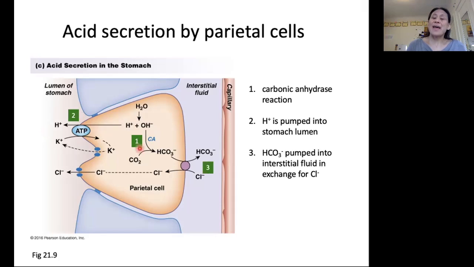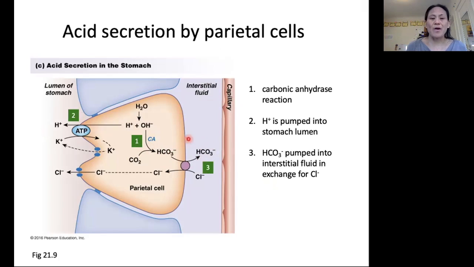Next, that HCO3 minus, the bicarbonate that we made from our carbonic anhydrase reaction, we are going to pump out of the parietal cell on the basolateral side, where it then can enter the plasma. And if you remember, that bicarbonate plays a big role in buffering in the plasma.